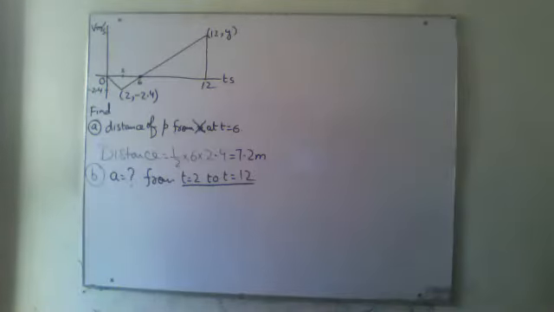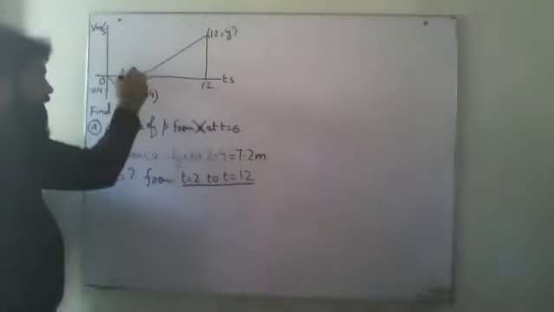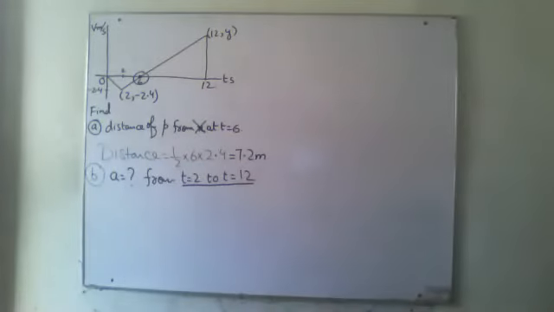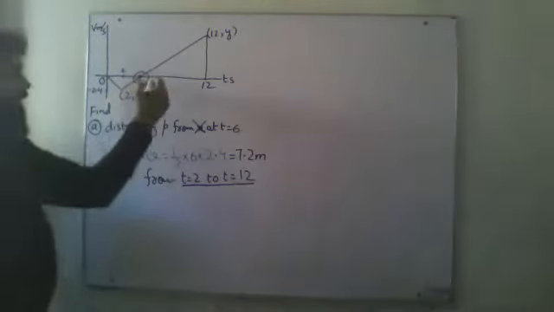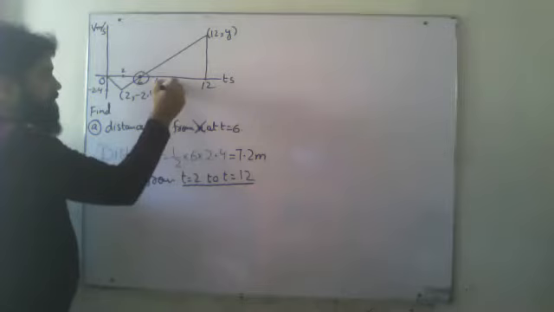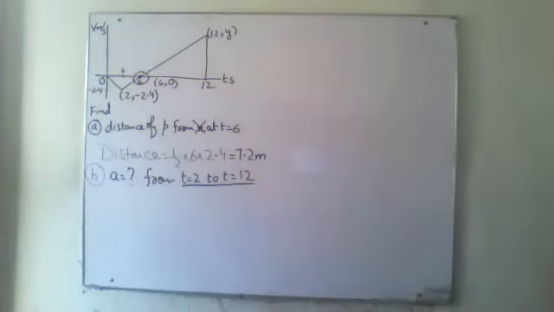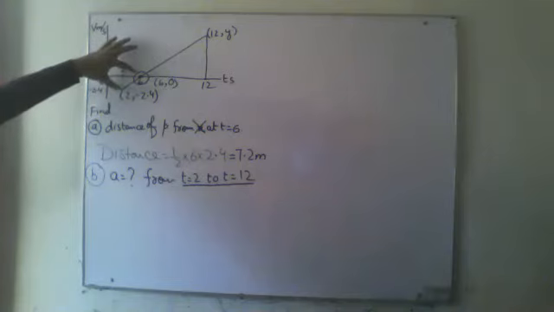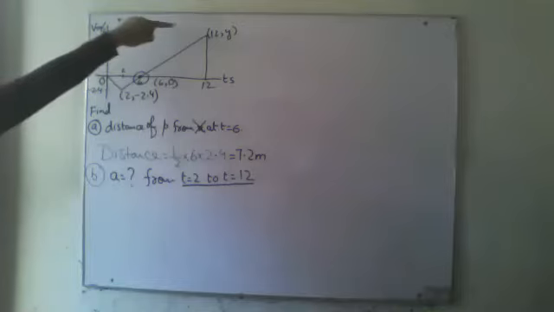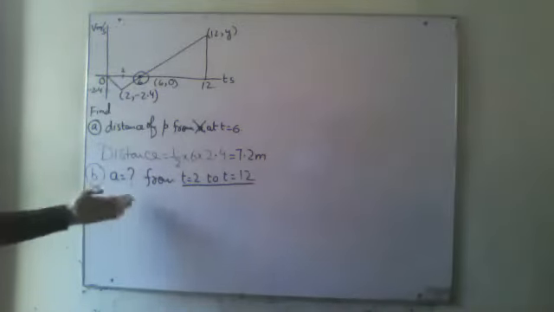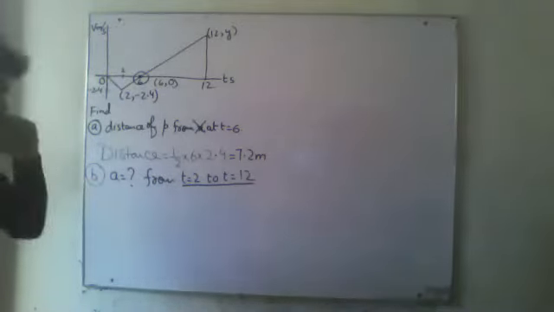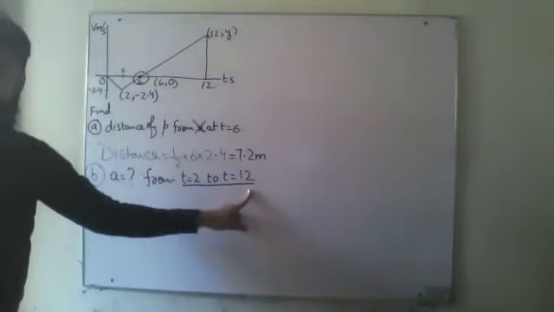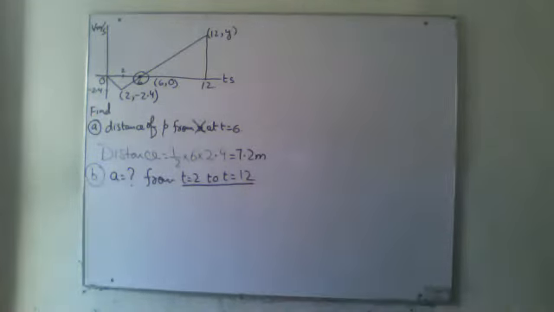But there is another point, this point, where the values are 6 comma 0. If I can find the gradient between these 2 points, I will have the gradient of the whole line, and so I will have the acceleration from t equals 2 to t equals 12.